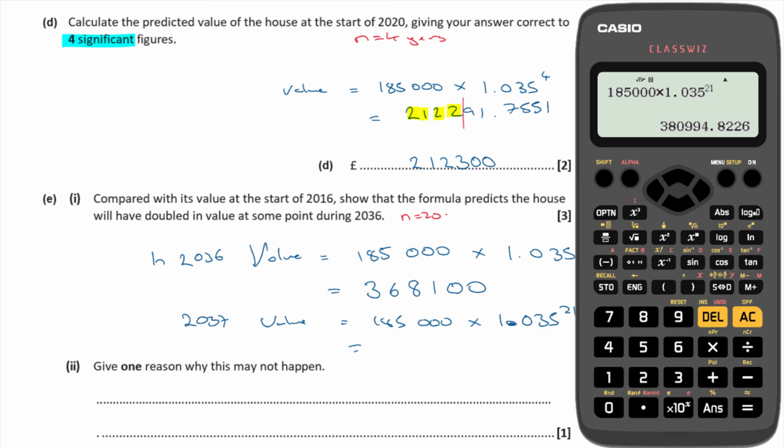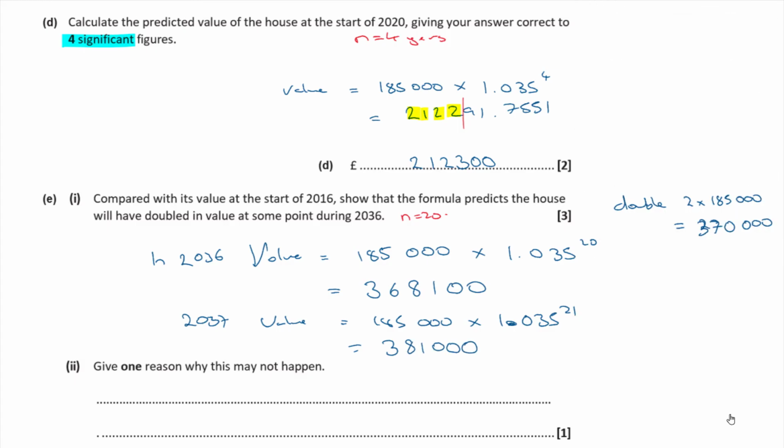That comes out to be 380,994. So again, rounding that off to 4 significant figures, that's going to be 381,000.